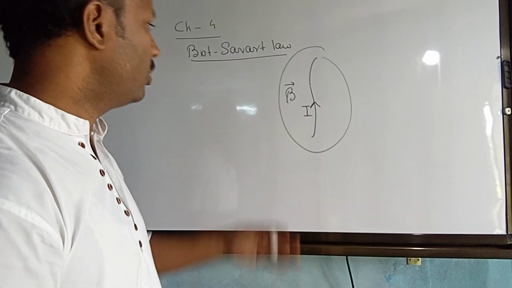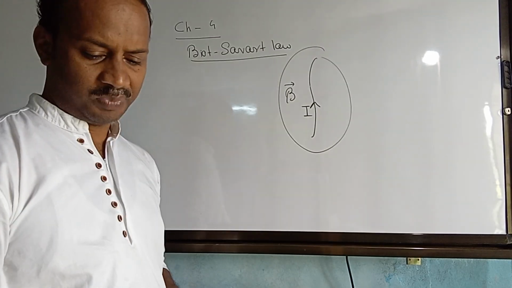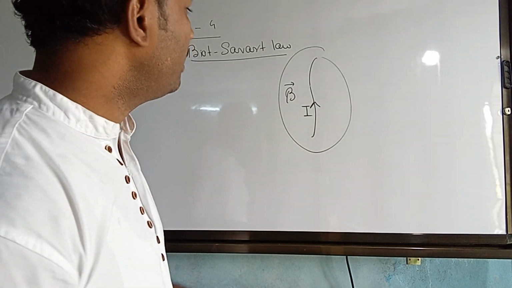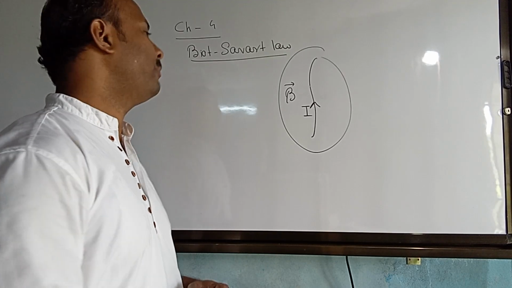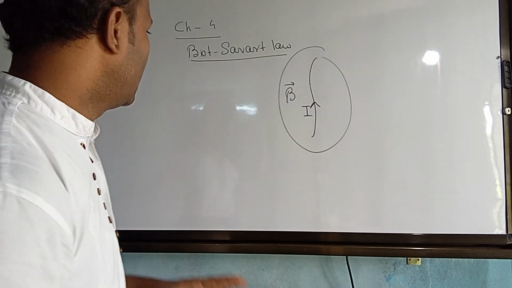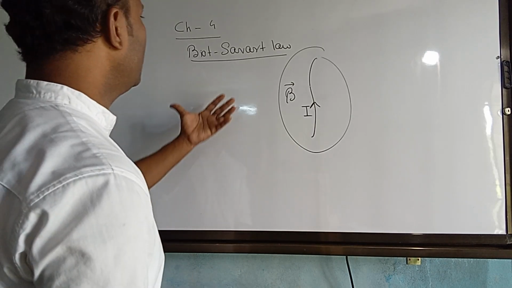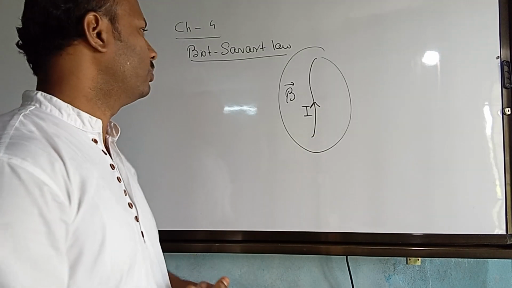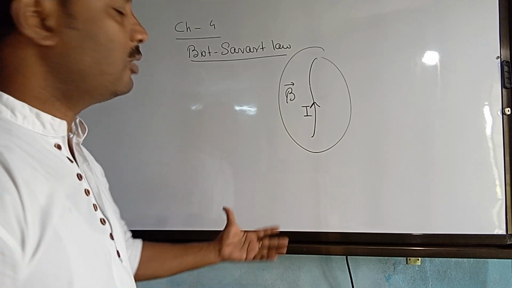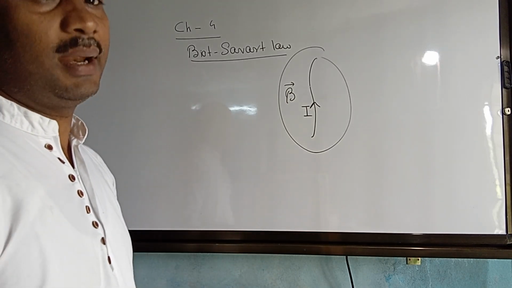But what is the magnitude of the magnetic field? The magnitude of the magnetic field is obtained by Biot-Savart law. Actually, this is the Biot-Savart law to find out the magnitude of the magnetic field.